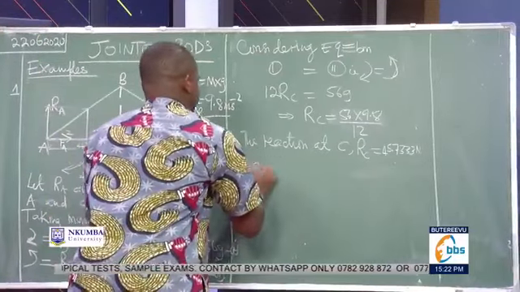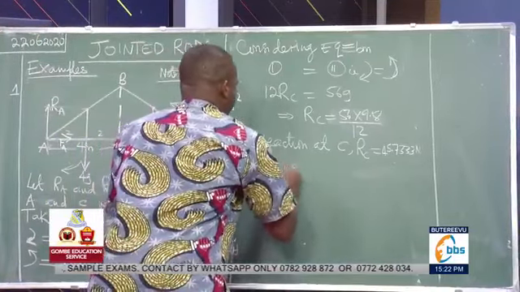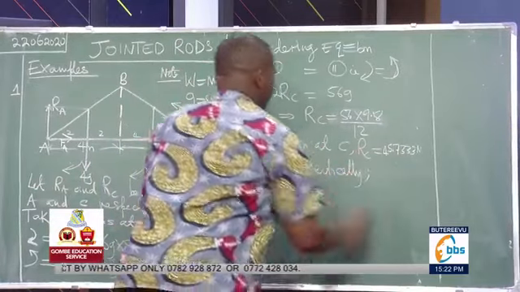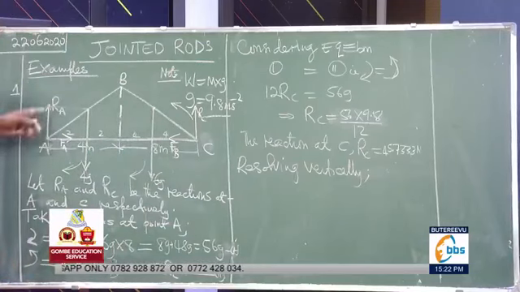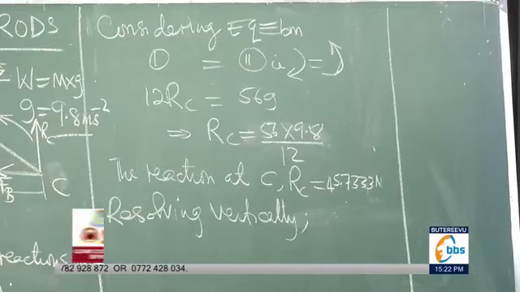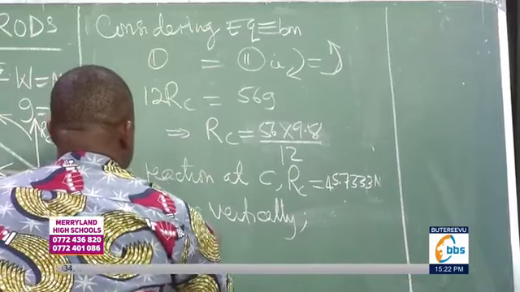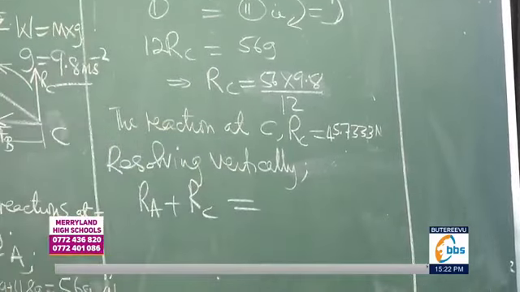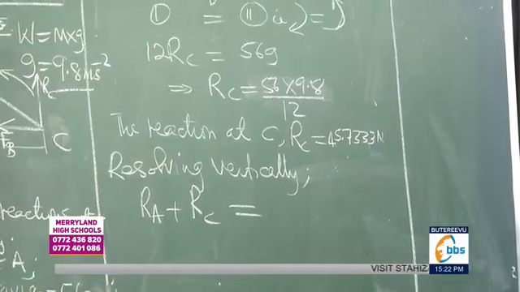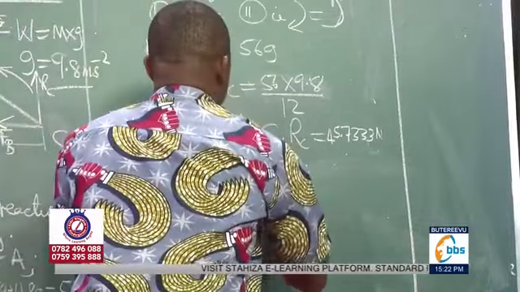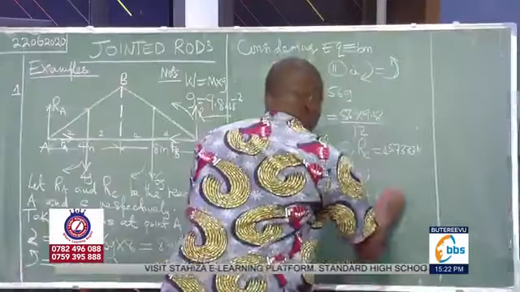Resolving vertically, in other words, considering vertical motion in equilibrium, the forces going up, that is RA plus RC, should be equal to the downward sum, 4G plus 6G.